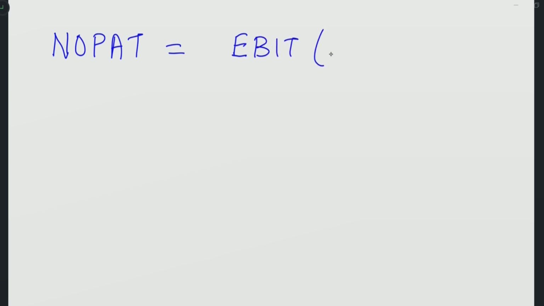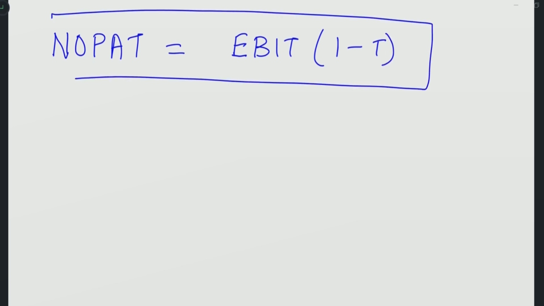You can simply take NOPAT equals to EBIT into 1 minus tax rate. That's all. Straight away, this equation can be the shortest way of computing NOPAT. It is EBIT into 1 minus tax rate.